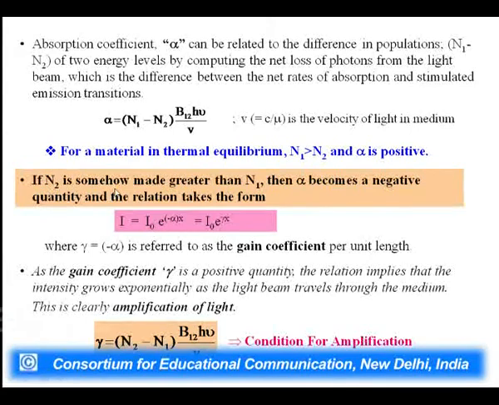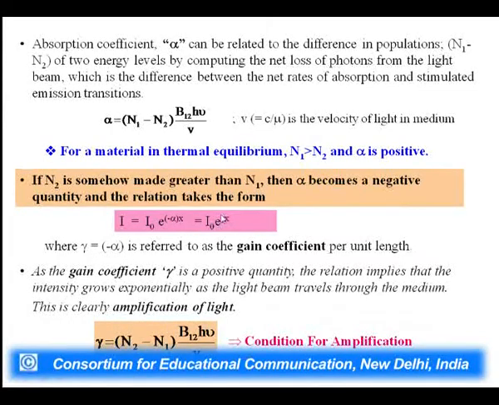Then if N2 is somehow generated greater than N1, alpha becomes a negative quantity and the relation takes the form I = I naught e^(-alpha x) = I naught e^(gamma x), where gamma is equal to minus alpha.